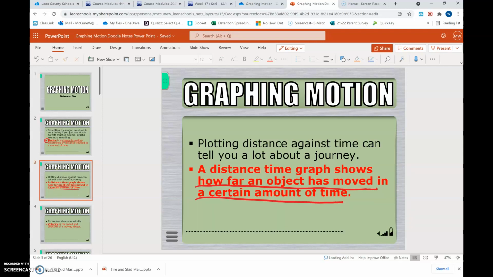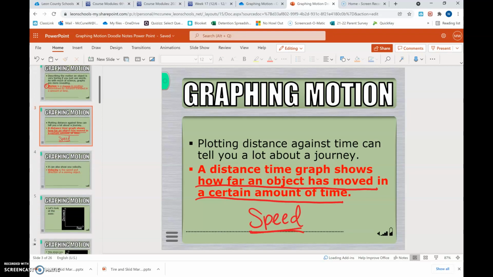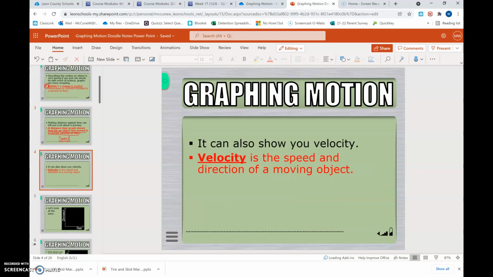And when we look at distance traveled in a certain amount of time, it actually tells us the speed of an object. So it can also show you something like velocity.